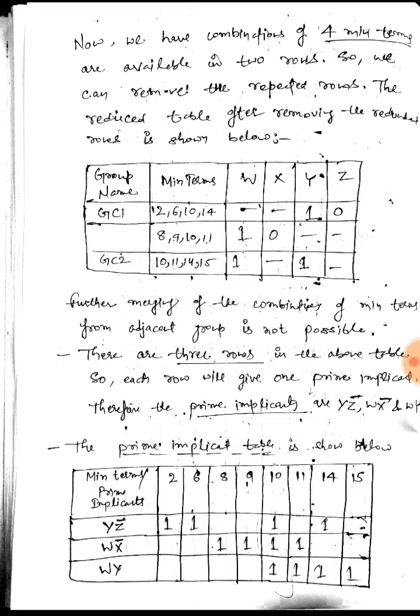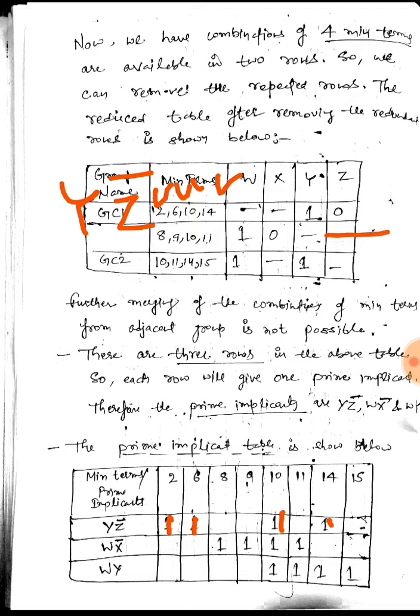Now I will put 1 in the column corresponding to each minterm covered by a prime implicant. For y z bar, I have 2, 6, 10, 14, so I put 1 in 2, 6, 10 and 14.